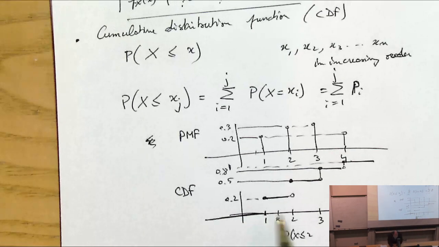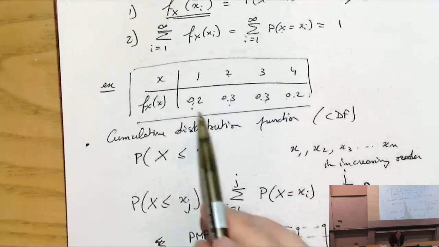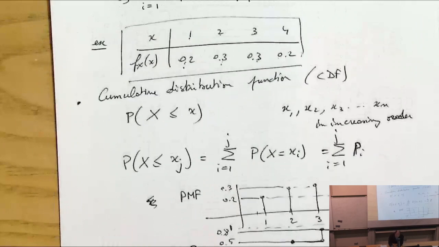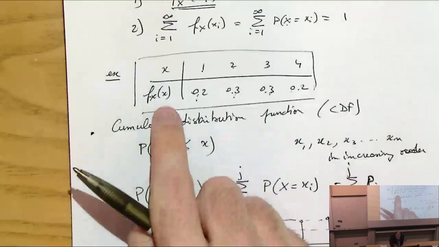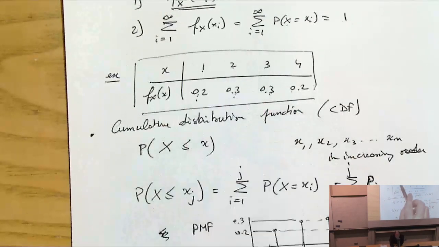So if x is smaller than 1, the probability is equal to 0. If x is between 1 and 2, the probability is equal to 0.2. Then if you move into the interval between 2 and 3, it's the sum of all those PMF over any value in between, so that's 0.2 plus 0.3.